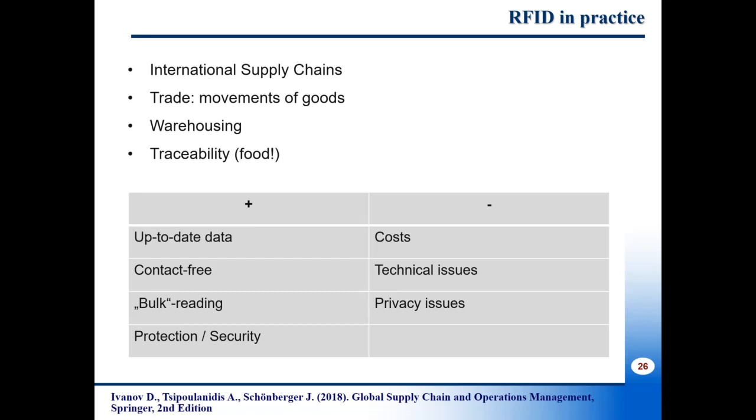And so bulk reading, and also it gives protection and security that we have already discussed before. However, RFID also incurs some cost, but nowadays the cost is decreasing significantly. So RFID is more acceptable to industry. Also some technical issues and privacy issues.